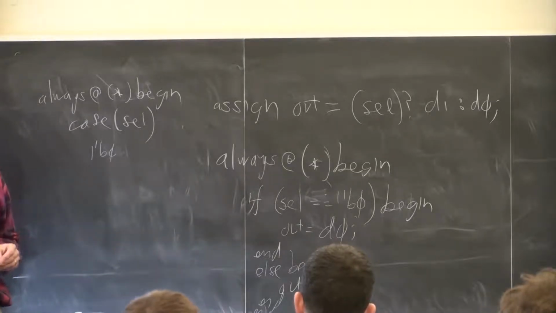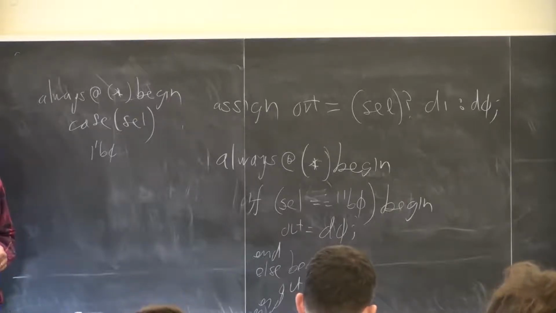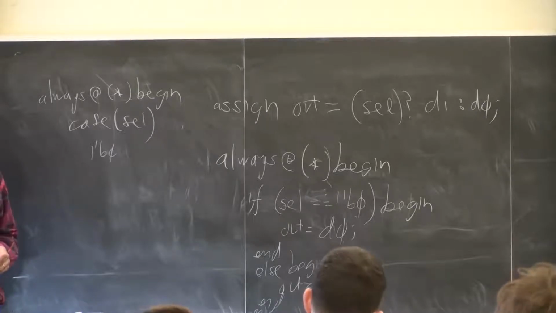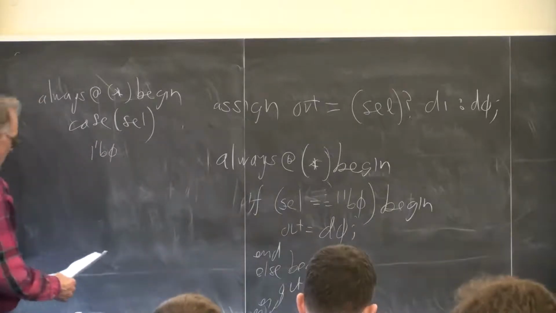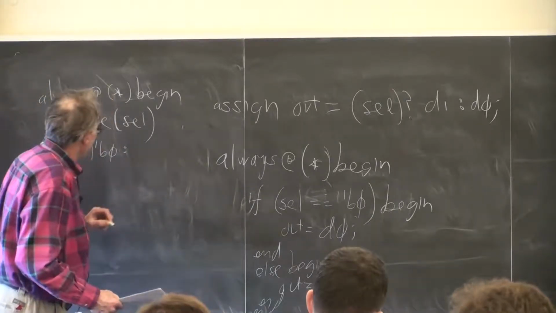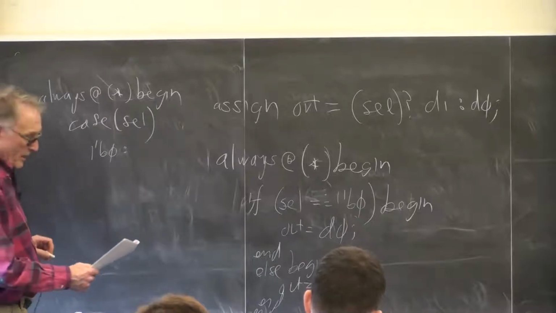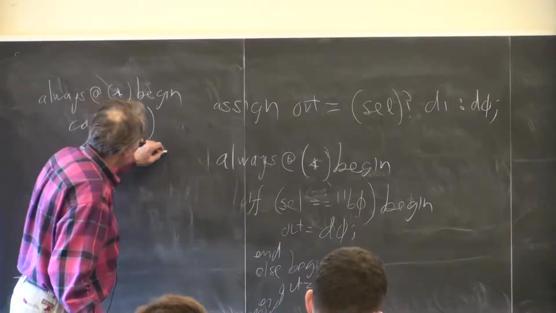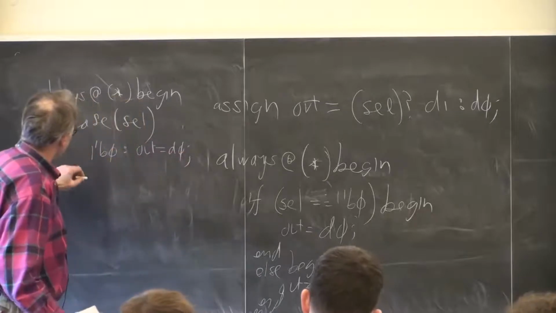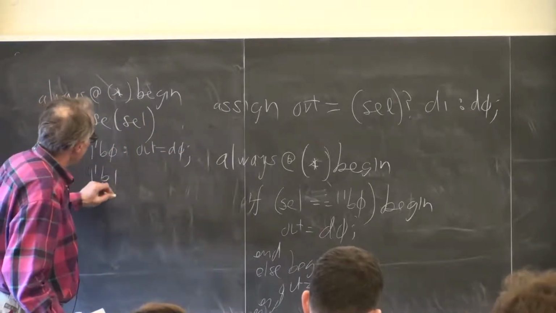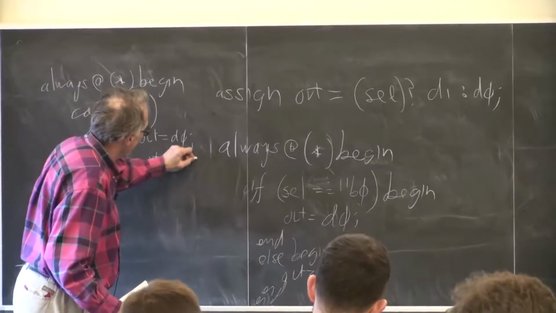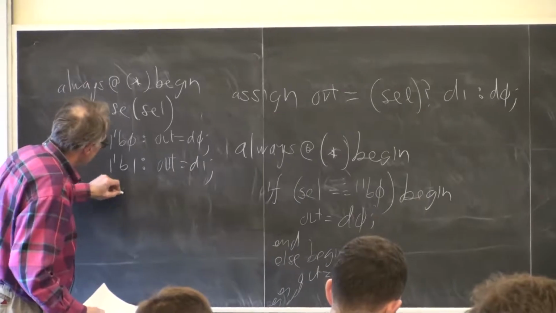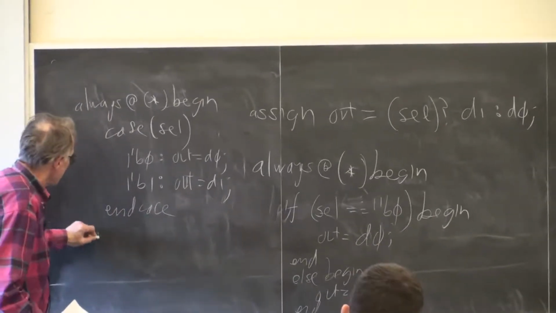If you just say 0, how many bits do you get? For any integer, in fact, 32. Case 1 tick B0: out equals D0. Case binary 1: out equals D1. End case, end.